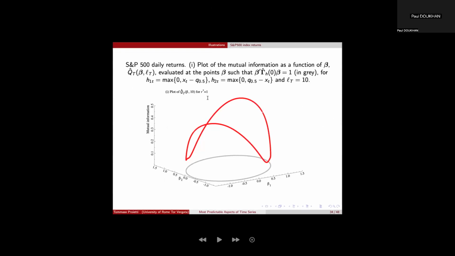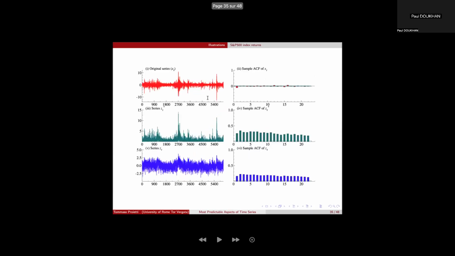As you may see, the value of the beta is identified up to a sign change, right? You can switch the sign and still the solution will be the same. This is the same indeterminacy that you have for principal components. So that's my solution. You could reverse the sign of this series, nothing changes.